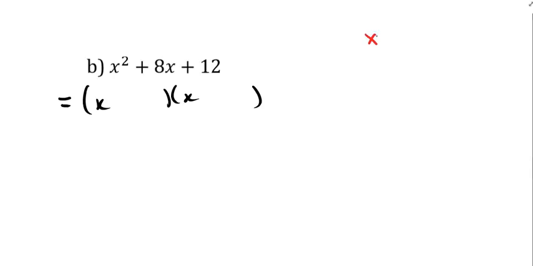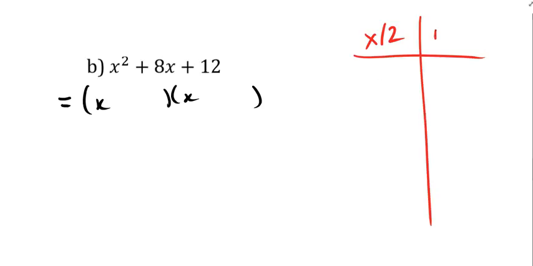We always start with what we multiply to. And then I'm going to worry about what they add to. The reason is because there's an infinite combination of numbers that add to 8, but there's only a few pairs of numbers that multiply to 12, because we're not talking fractions here. We're just talking integers.